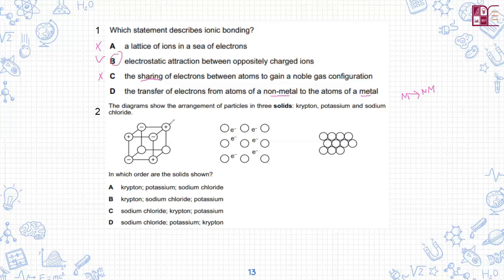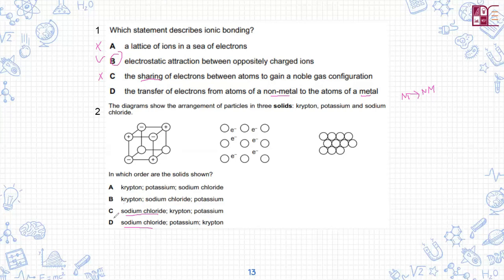Coming to the next one, the diagrams show the arrangement of particles in three solids: krypton, potassium, and sodium chloride. In which order are the solids shown? So you have to tell which order it is. This is ionic bonding, right? So sodium chloride is this, and krypton is an element, so you cannot go with that.